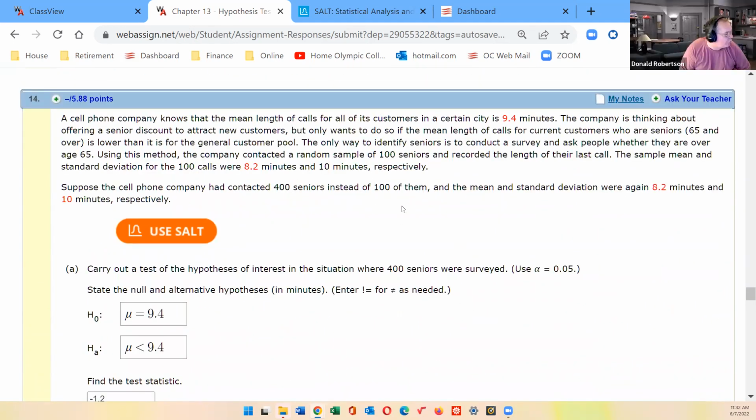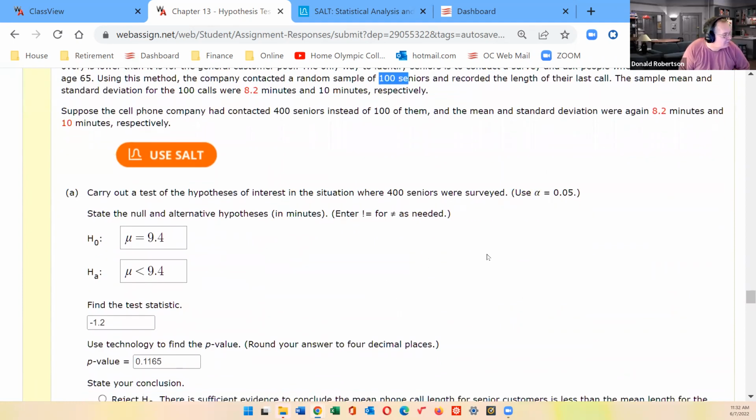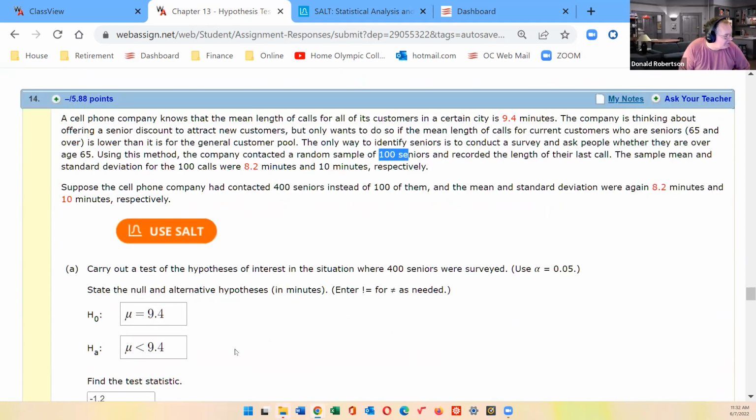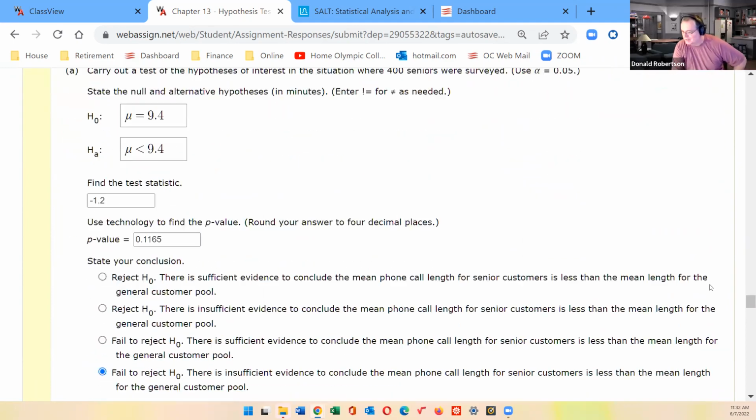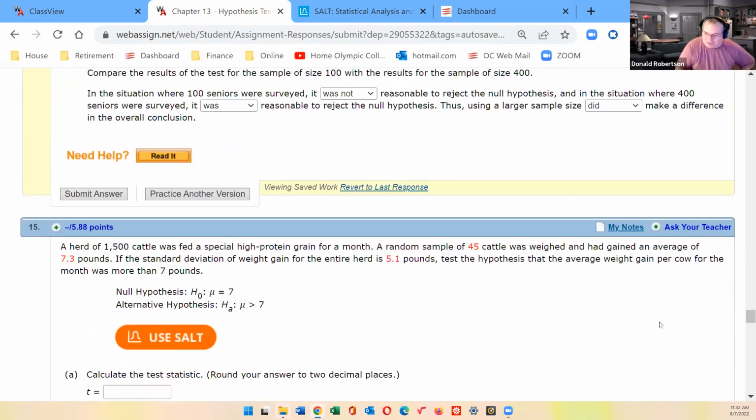Why did I think it was... oh, I did this with 100? Okay. Can you pretend I did the question correctly then? Because I don't want to go through the whole thing. The two numbers we got are exactly correct. I just got the 100 and not the 400. If you switch places, everything comes out good, and the conclusions come out good.